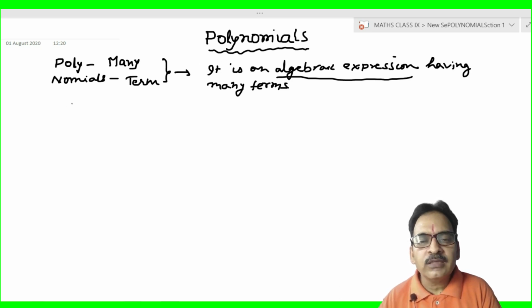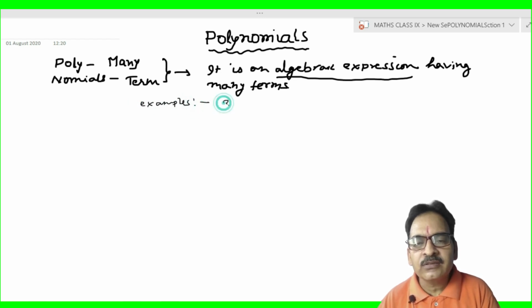So polynomials are of types, we will discuss. For example, to understand, examples of these polynomials are like one is your 3x, another we can say 3x plus y, or we can say 5x plus 2y.